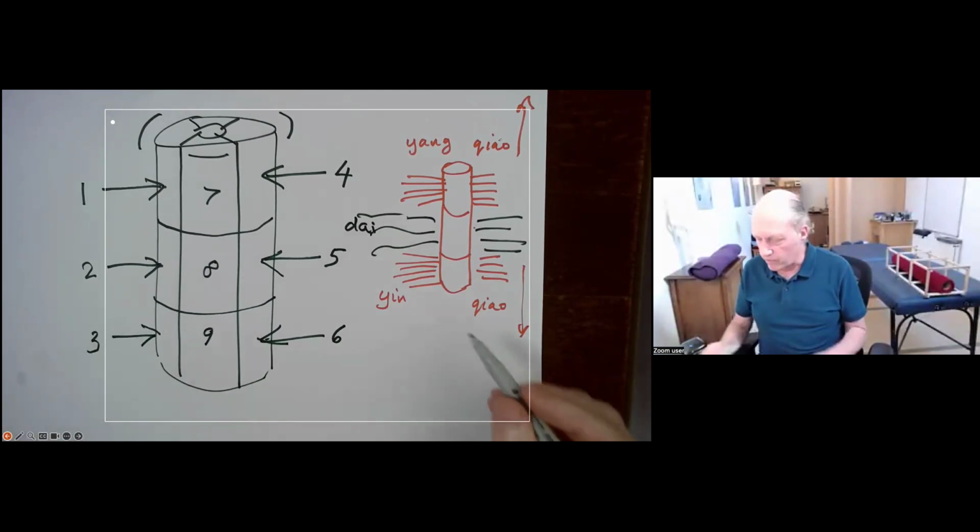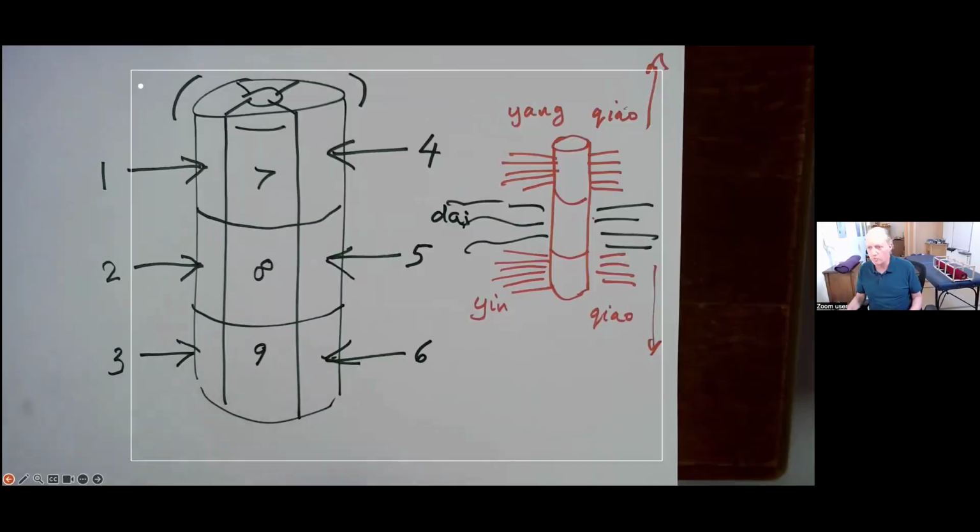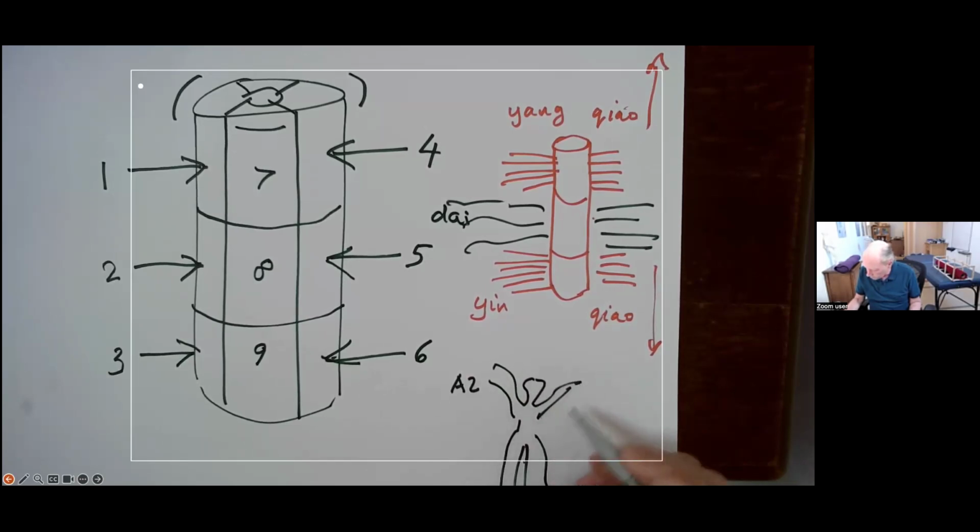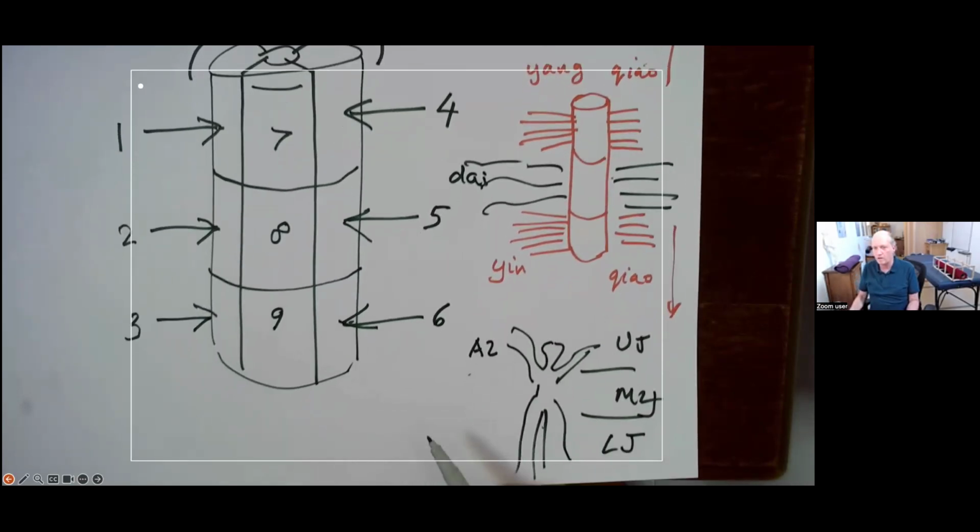Just cast your mind back to the second webinar when we talked about the A2 step and we did the little diagram of a person, with upper jiao, middle jiao, and lower jiao. This is actually the same.